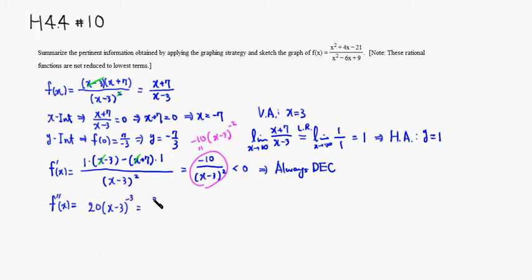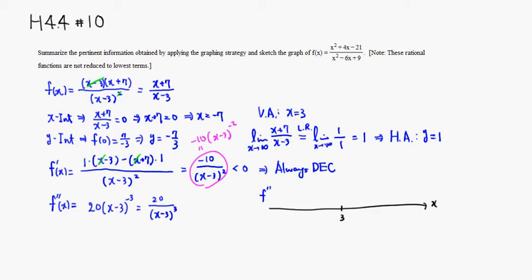So you have 20 over x minus 3 cubed. Then we can do a number line. Here's x, and we're looking at f double prime, and you put the tick mark at 3 because it's not defined there.